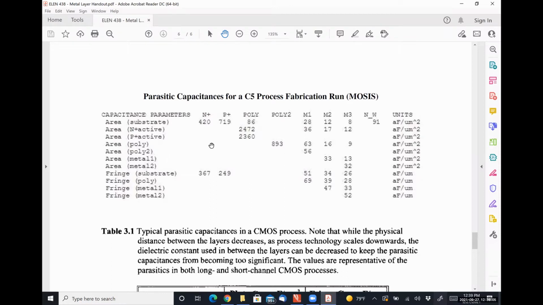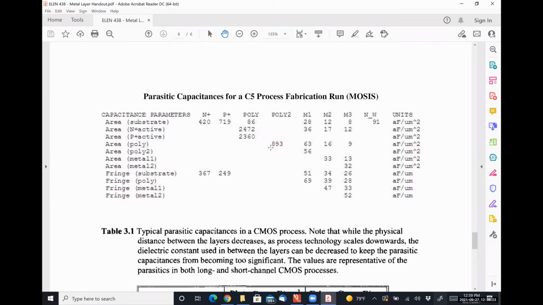So when we look at our figure here, poly to poly 2 has a capacitance of 893 attofarads per micron squared.